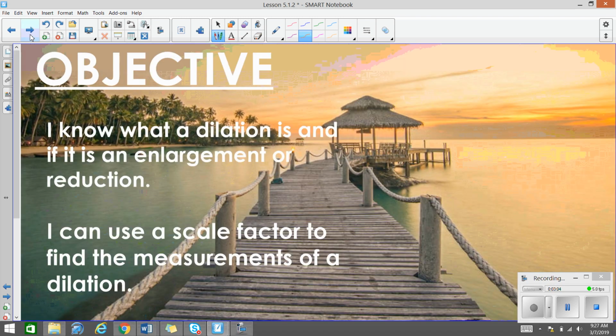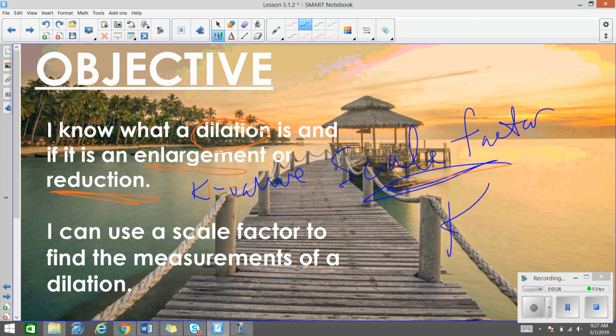So today we are going to know what a dilation is, which we went over yesterday, but we're going to continue working with the dilation and determine if that dilation is an enlargement or a reduction. How we determine that is your K value, which is your scale factor. All right, your scale factor, or K, will tell you if it's an enlargement or a reduction.